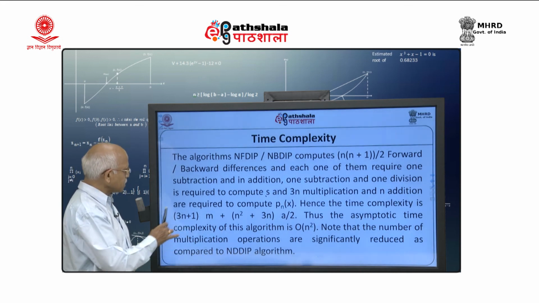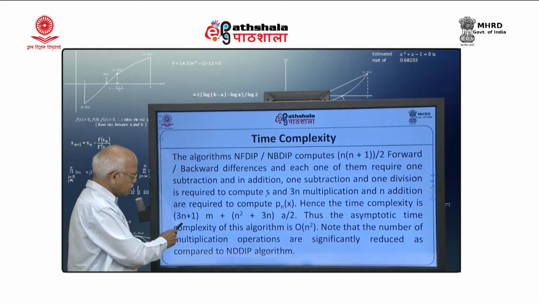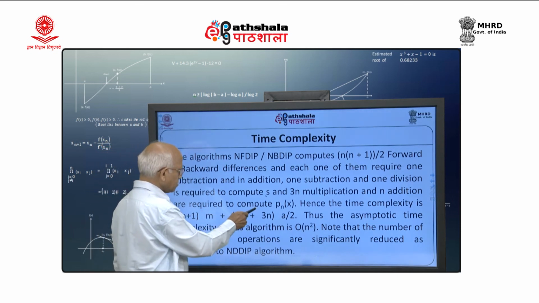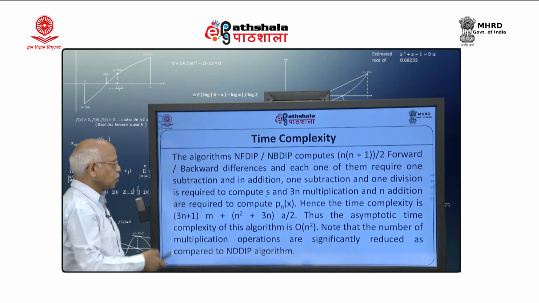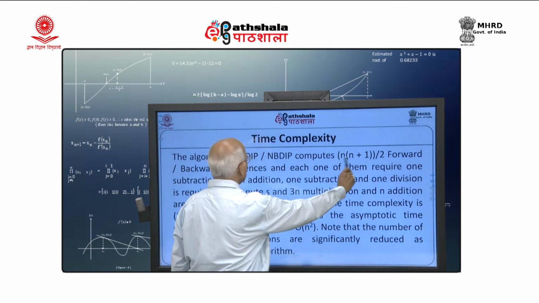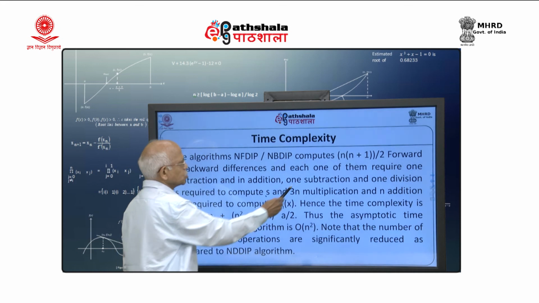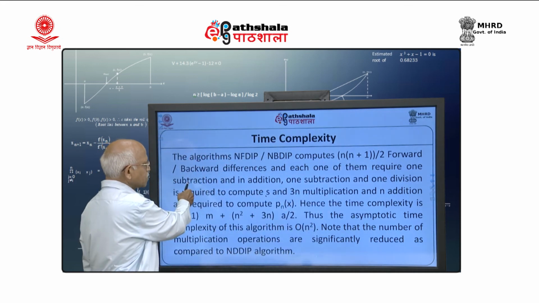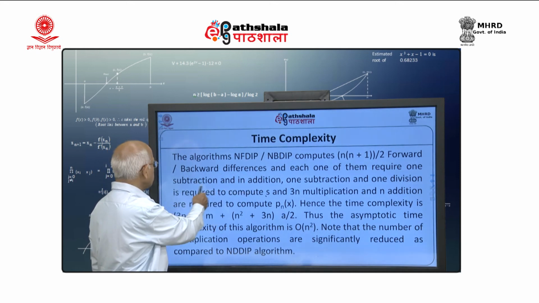So, hence the time complexity will now become what? 3 n plus 1 into m plus n square plus 3 n into a by 2. How do you add? You add all this. So, this many forward differences we are computing, and for each of them there is one addition operation, so this into a, plus 1 subtraction and 1 division operation required.